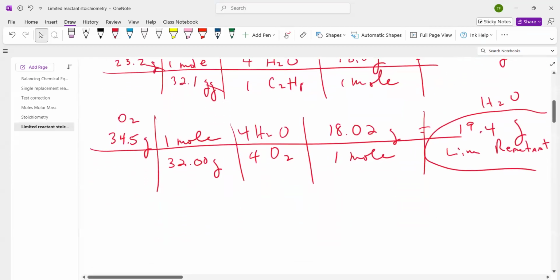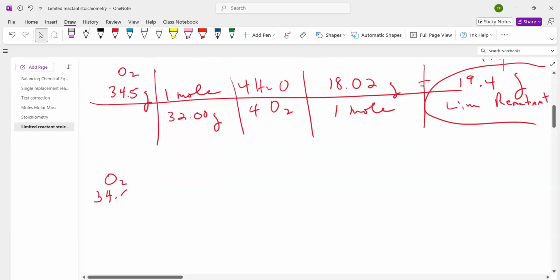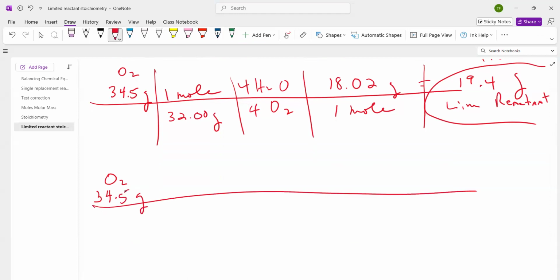Now, the next part of this is how much is left over of the ethane. Another calculation. So we're going to use the oxygen to start with. I'm going to see how much ethane is used when we use all the oxygen up.